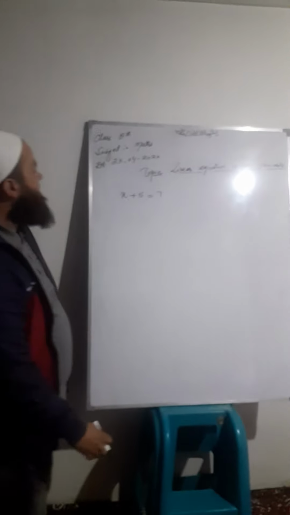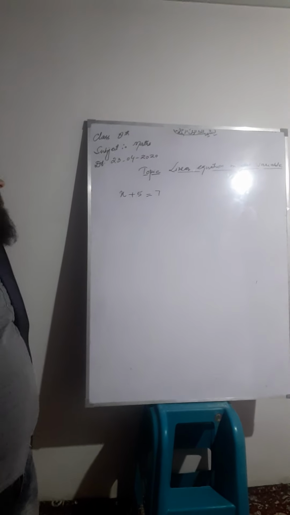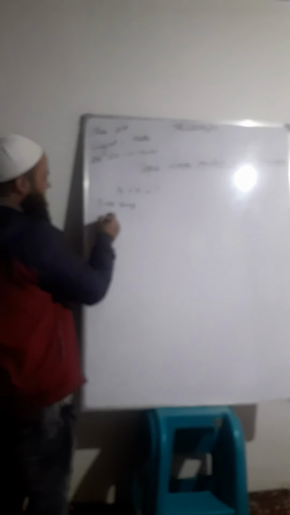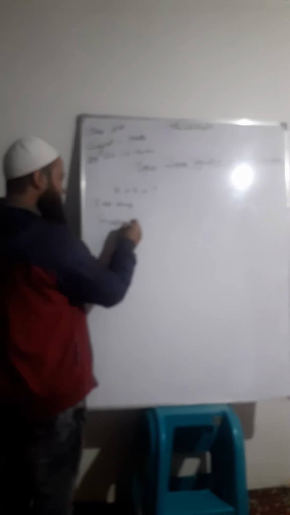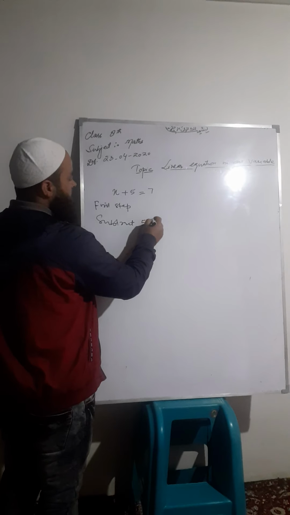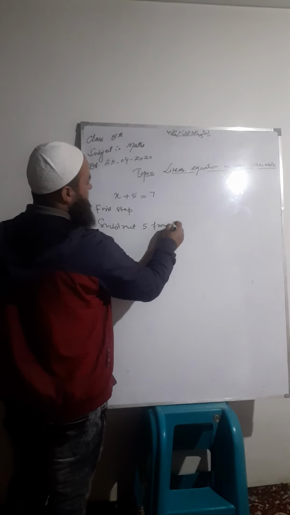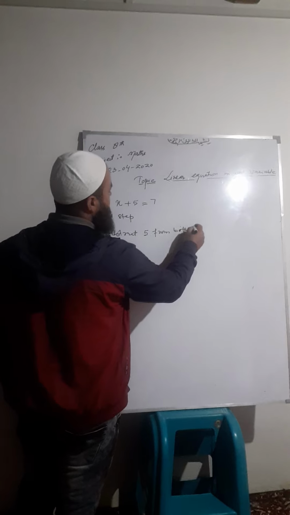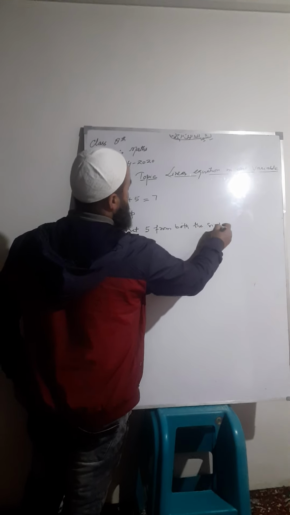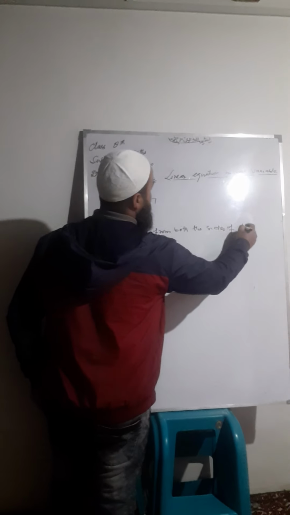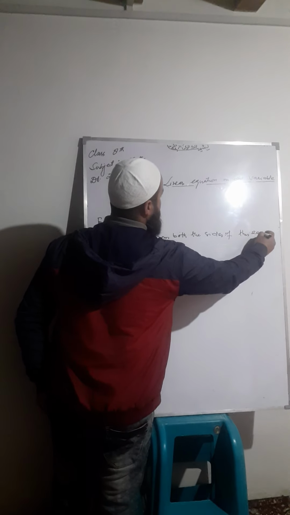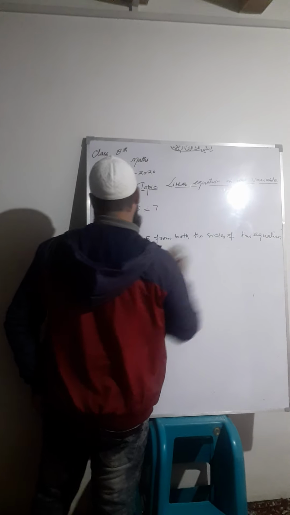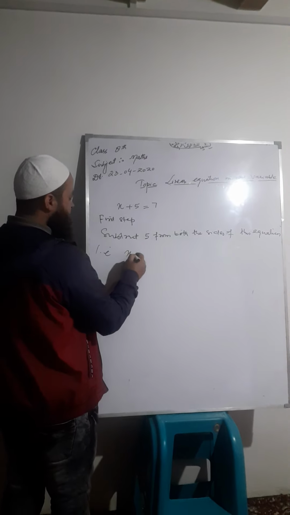of solving this linear equation: first step, subtract 5 from both the sides of this equation. That is, x plus 5.